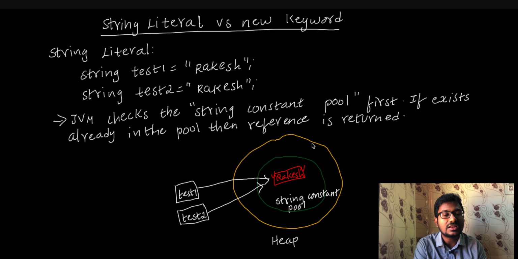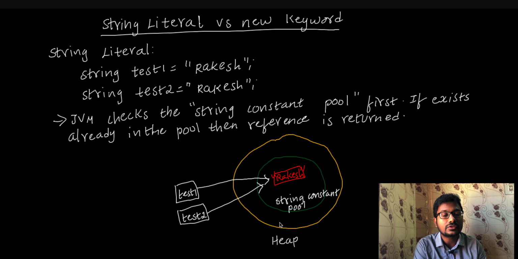Let us imagine a memory concept in the JVM. The JVM allocates some part of heap memory for some purposes. For example, some part of memory is allocated for the string constant pool, and the remaining memory could be allocated for other partitions.